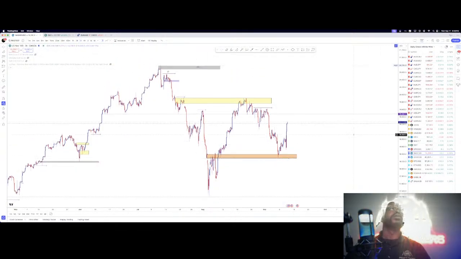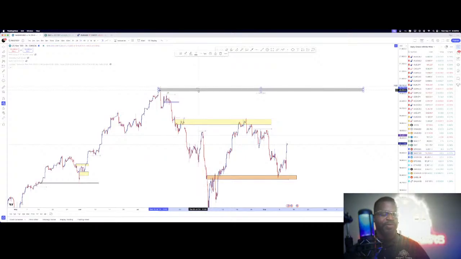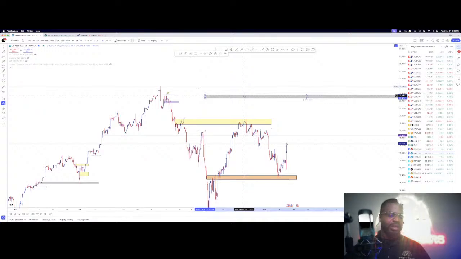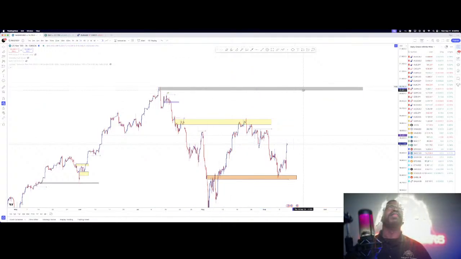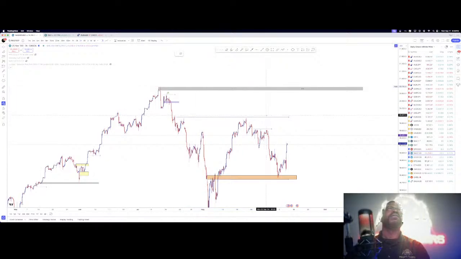Oh wow. We got a double top up here on the 4 hour that wasn't tested. What is that?